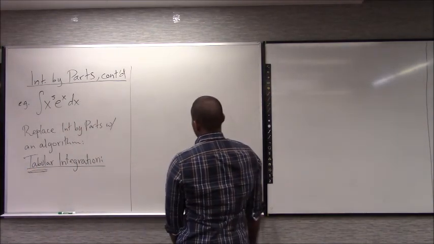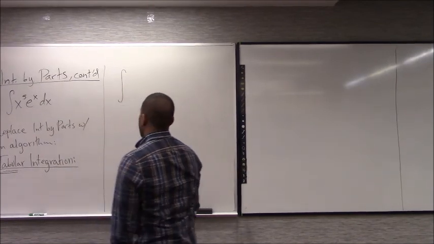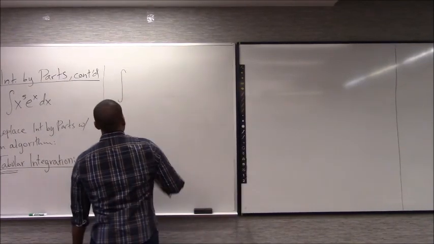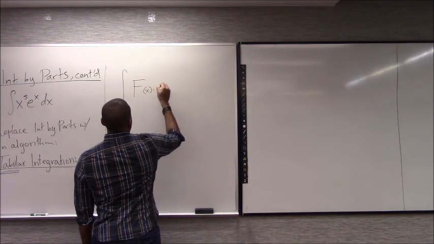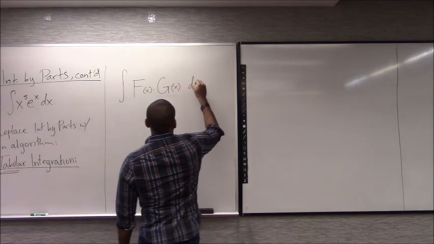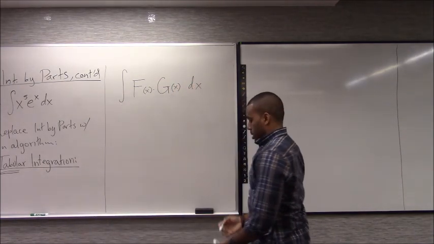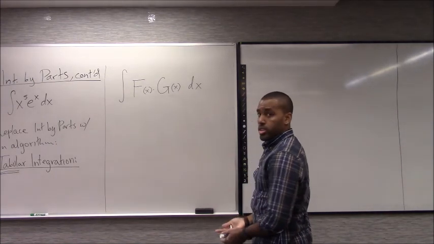So suppose you have an integral and it's a product of 2 functions. I'm going to call it big F times big G. And suppose you want to approach this via integration by parts.